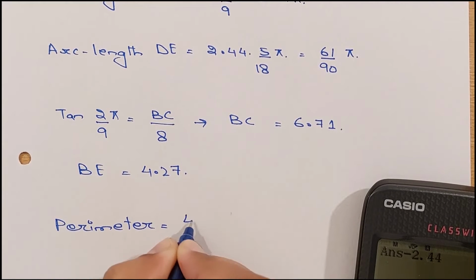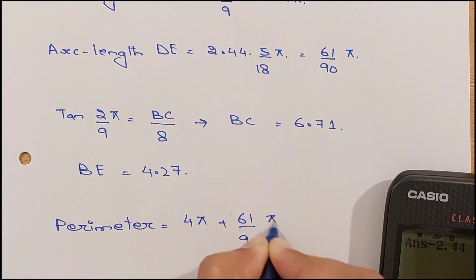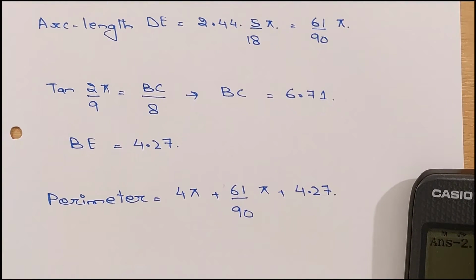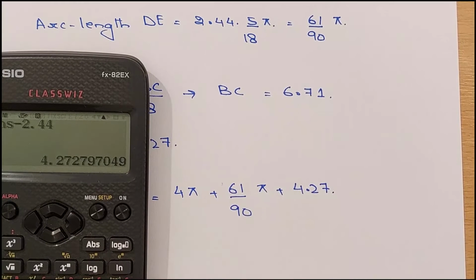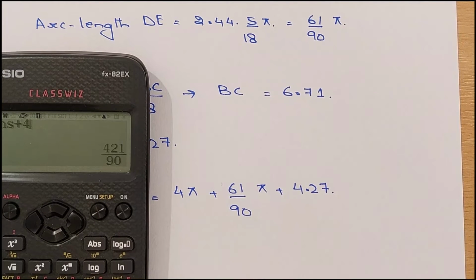So perimeter is 8 times 2 pi by 9 plus 61 over 90 pi plus 4.27, right? Just simplify.